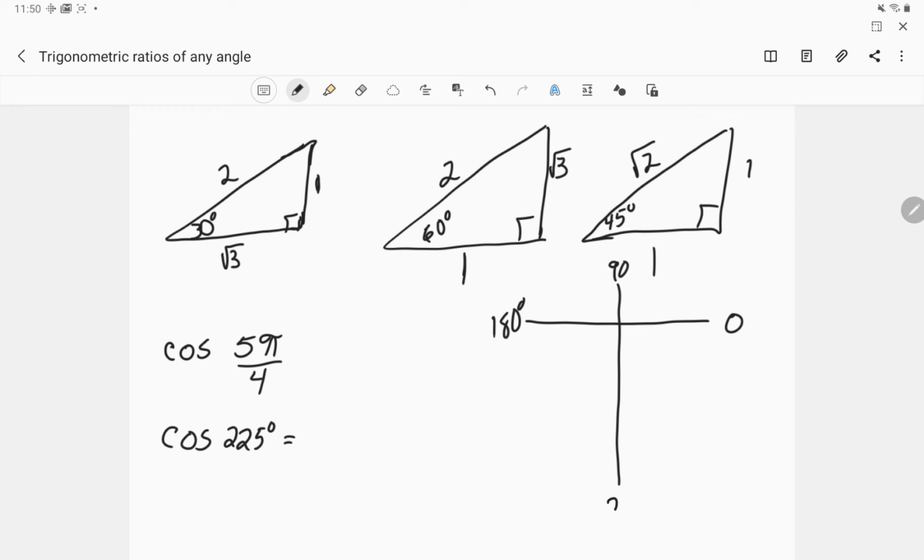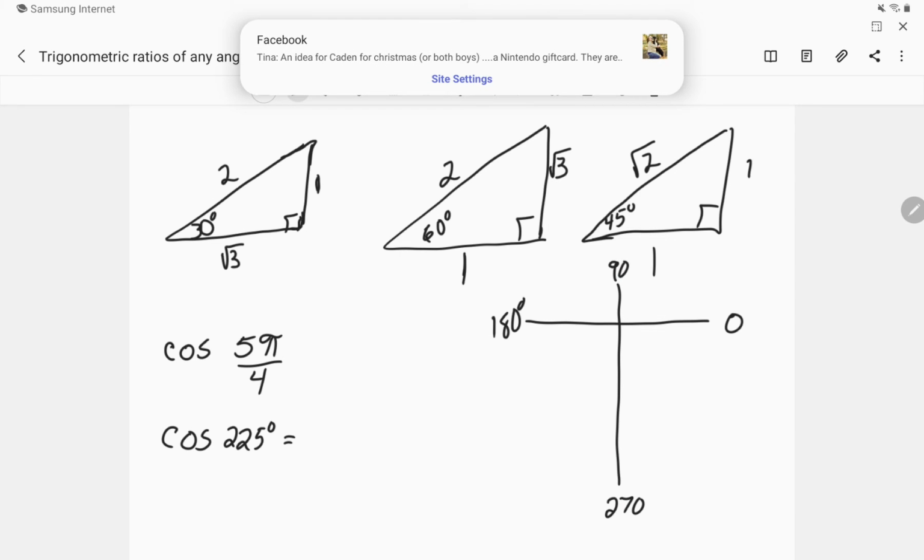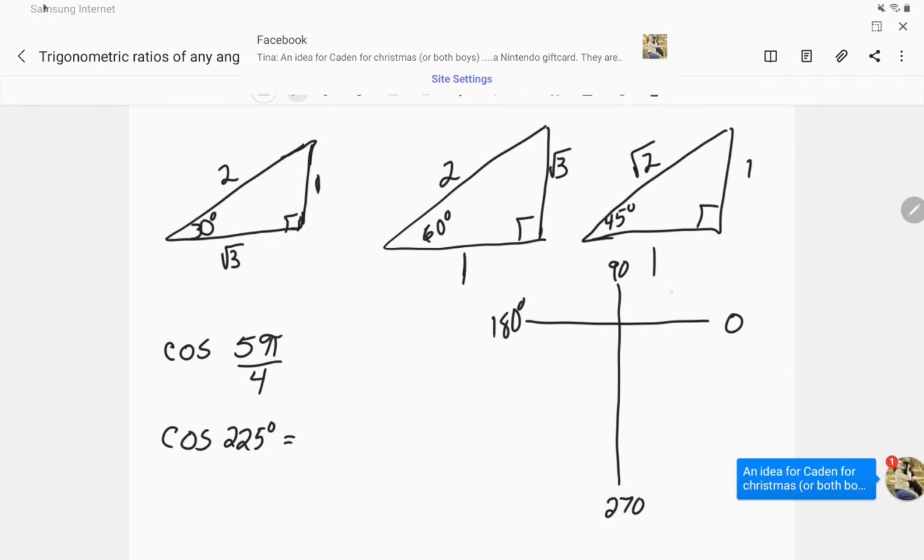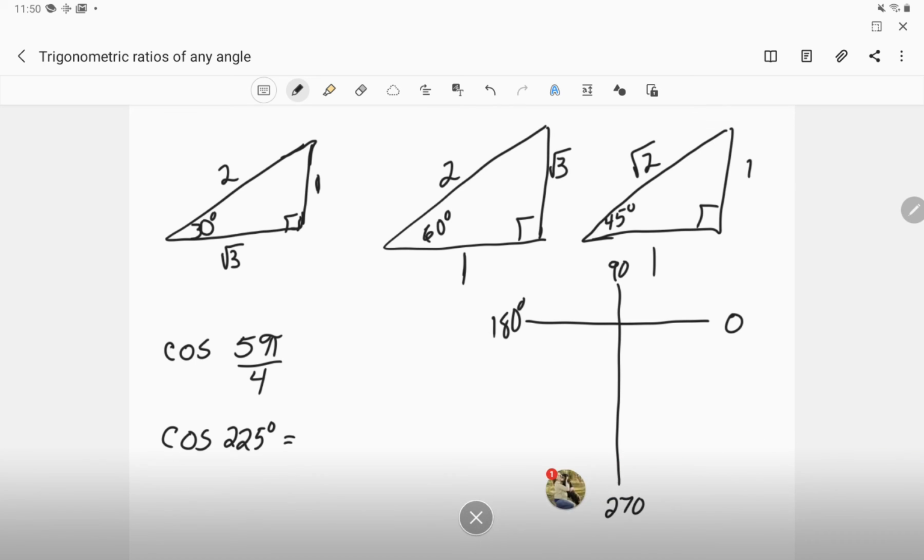I didn't put it in the middle because I know I need to be down in here. So here we go. I'm going to start at 0, I'm going to go to 90, I'm going to go to 180, and I'm going to go forward enough more to do 225 degrees.